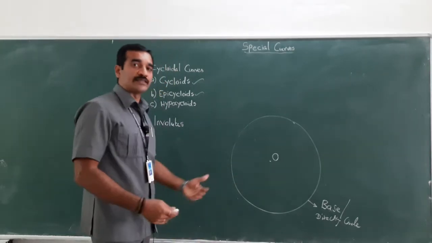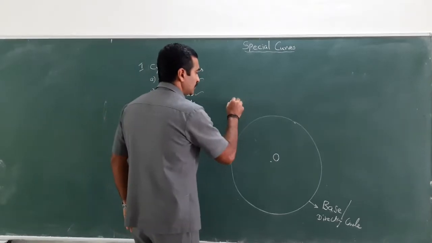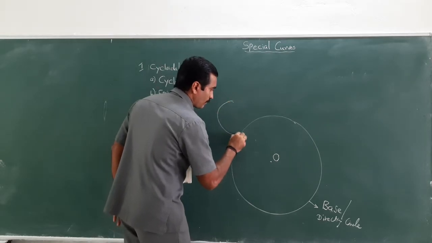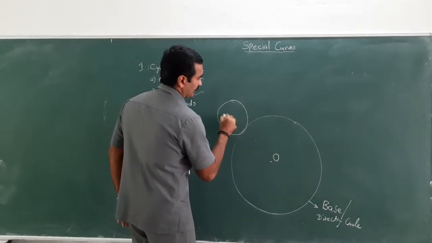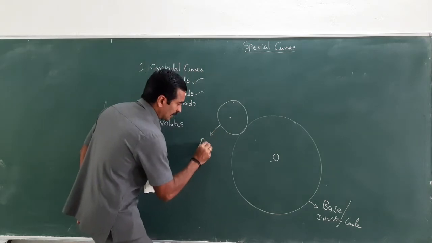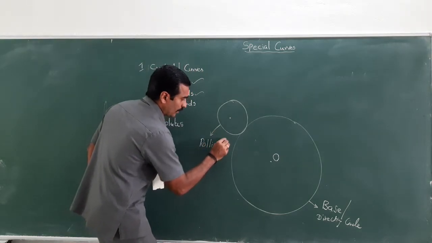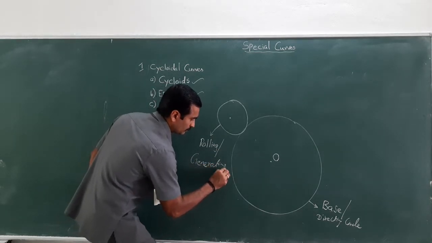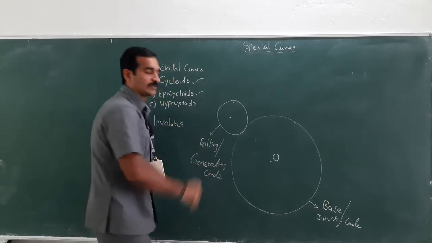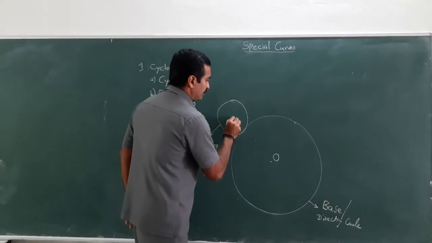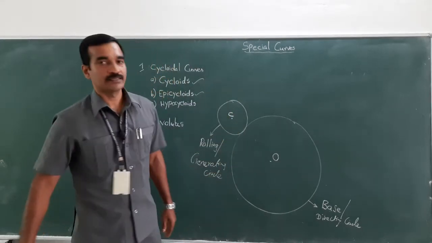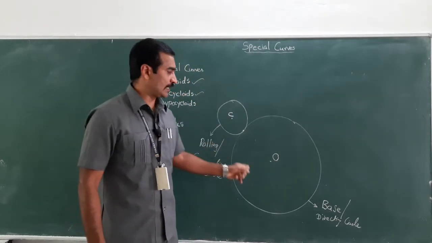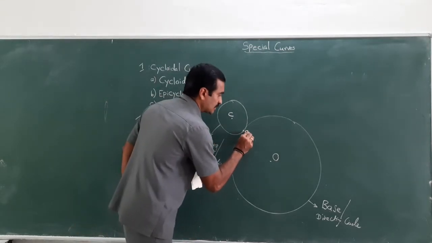The circle name is nothing but rolling circle or the generating circle. Right? Its center can be termed as C. And the contact point of both rolling circle and directing circle is termed as P.